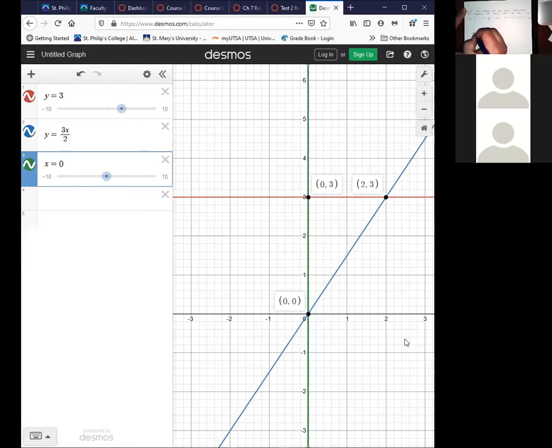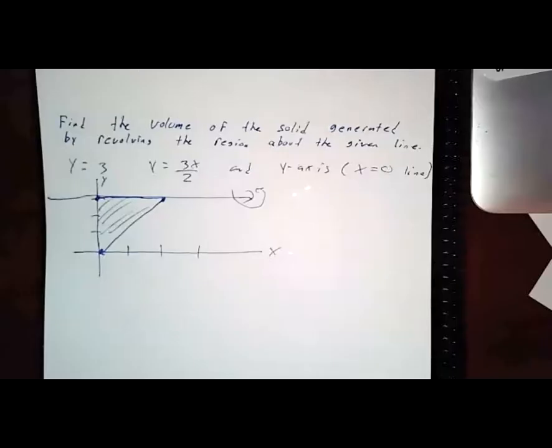So you got a point at 2, 3, a point at 0, 3. You got this triangle going on, right? That's my region. We have this line of rotation over here. We got the y-axis. Find this volume, right?